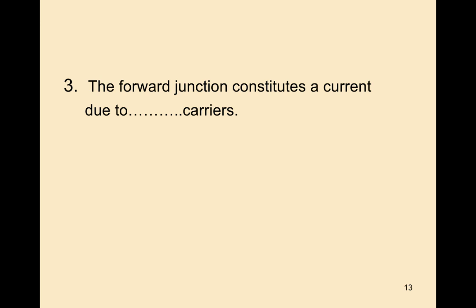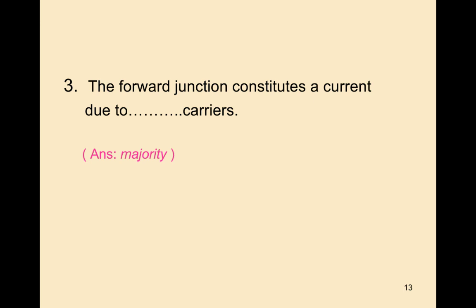Next question: the forward junction constitutes a current due to majority carriers. What is the forward junction here? It is when the diode is connected in forward biased mode, the junction present in this diode we call a forward junction.